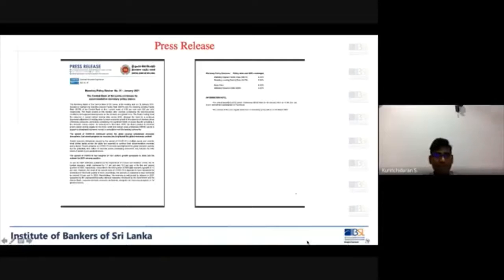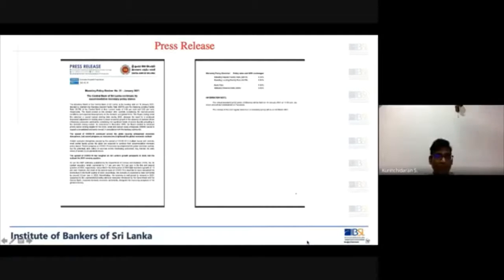In that, it explains the changes or important aspects in the economy, what has happened during the past, and whether there are any issues or challenges, or what the positive factors are. So a lot of explanation is given. What I have given here is the press release on 19 January 2021, the latest one, right?